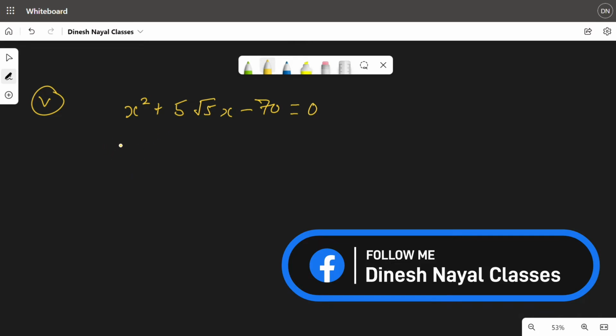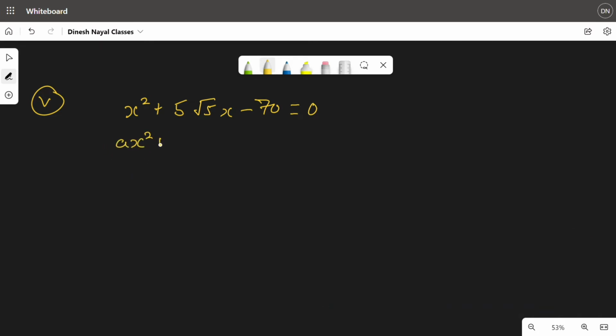Now again on comparing with ax square plus bx plus c equals 0, we get a equals 1, b equals 5 root 5, and c equals minus 70. Now finding the discriminant first, d equals b square minus 4ac.